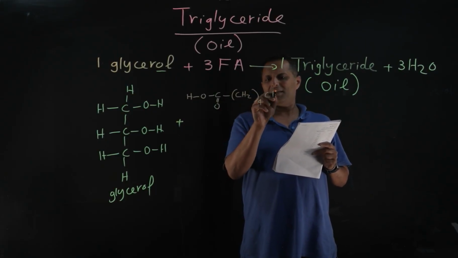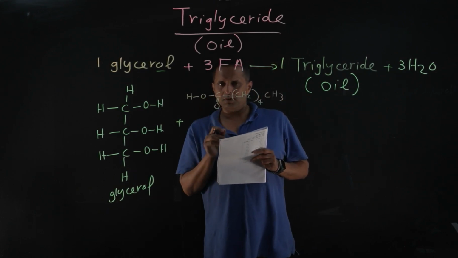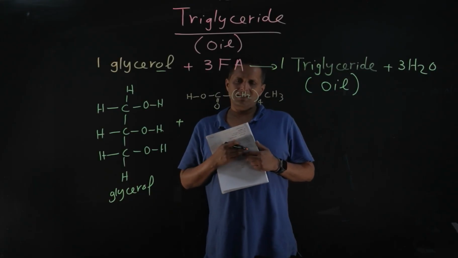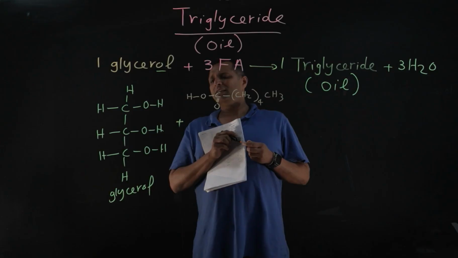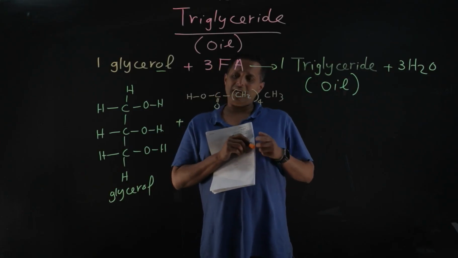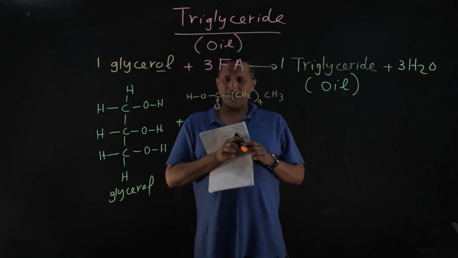You know what I mean? Why did I show all the bonds in the carboxyl group? So that you can understand how the ester bond is going to be formed, or the esterification reaction. That is what I'm trying to do. Is that clear to you?